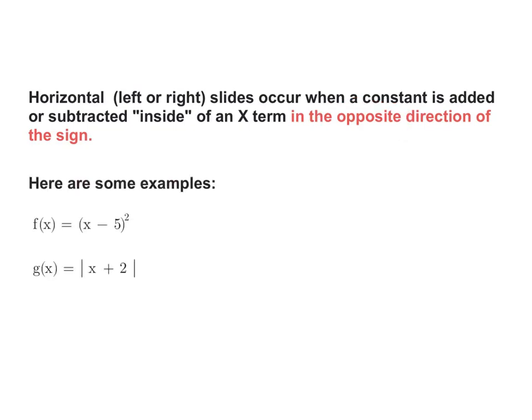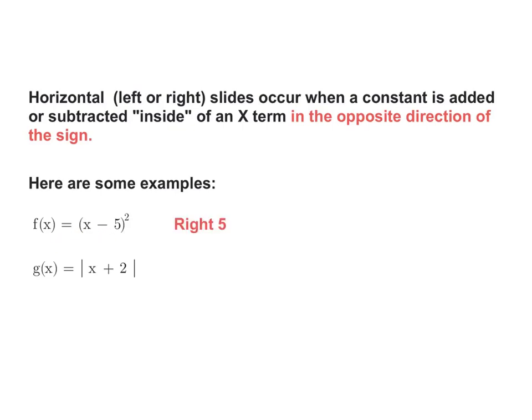So again, here's a couple examples. So now you see what I'm saying about inside? See how the adding or subtracting is happening inside parentheses, inside the absolute value? So because of that, this is going to be a horizontal shift. Now, this is minus 5, but because it goes in the opposite direction, which way is this going to shift? Right 5.